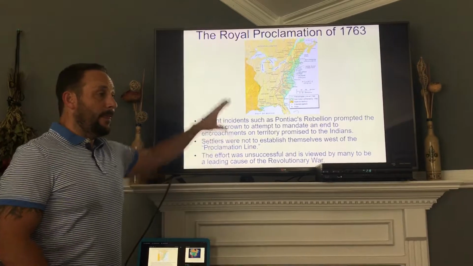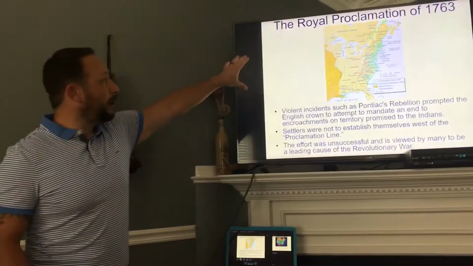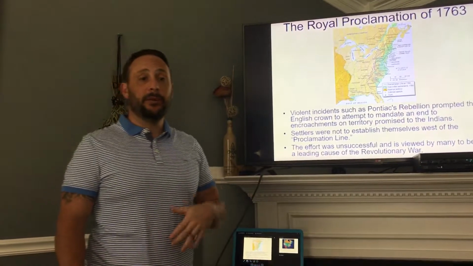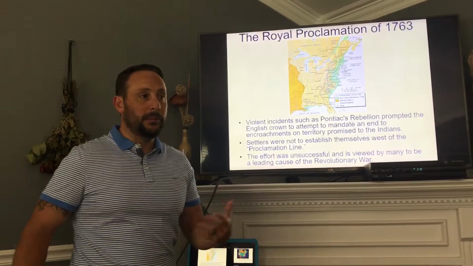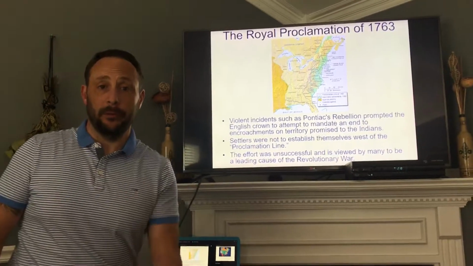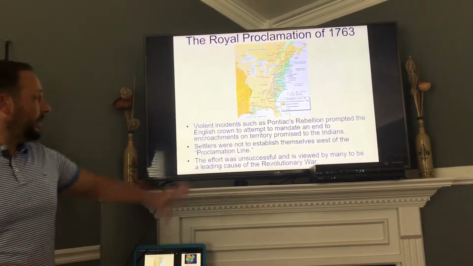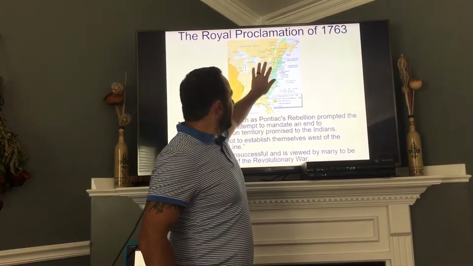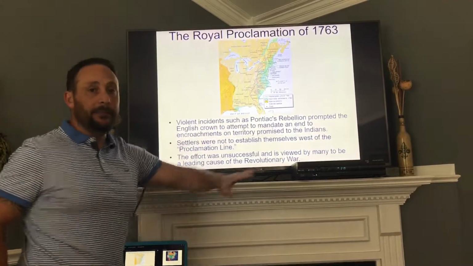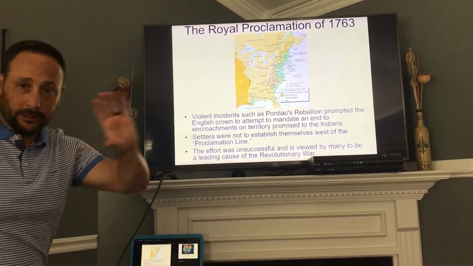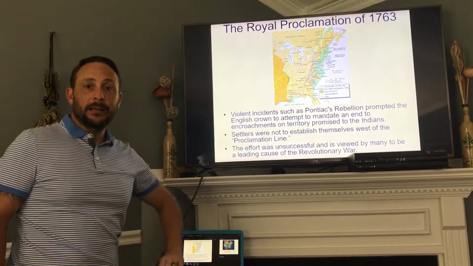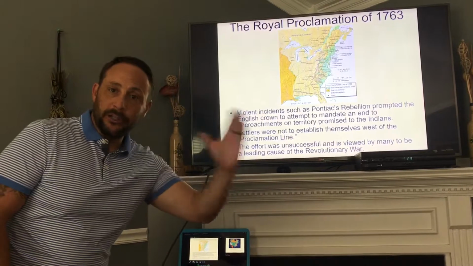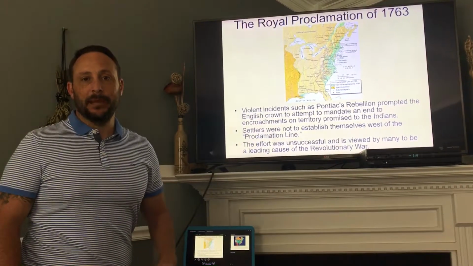All right. This one thing right here, the Royal Proclamation of 1763, is probably one of the main contributing factors of the American Revolution. Basically what this said, in a nutshell, this little line right here is the Appalachian Mountains. The British made an agreement with the Native Americans saying that the colonists won't settle past the Appalachian Mountains.